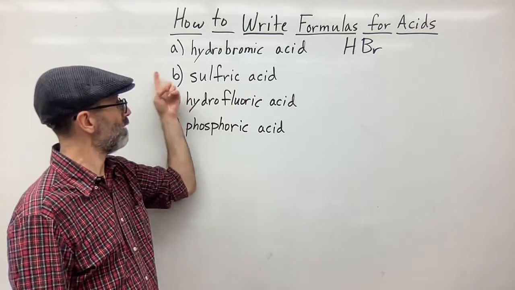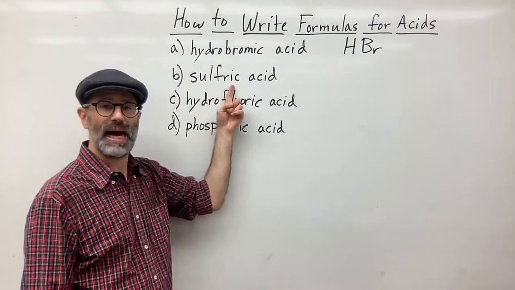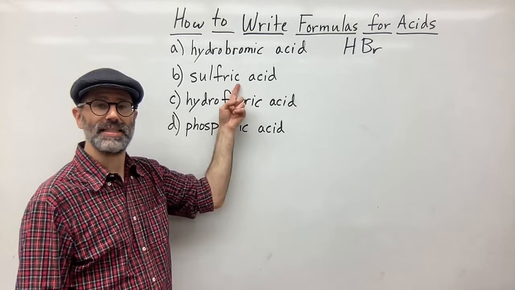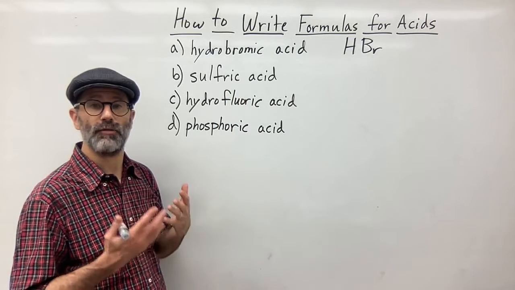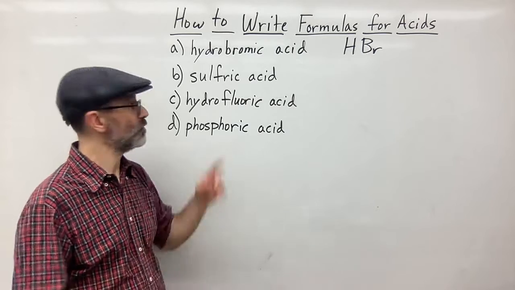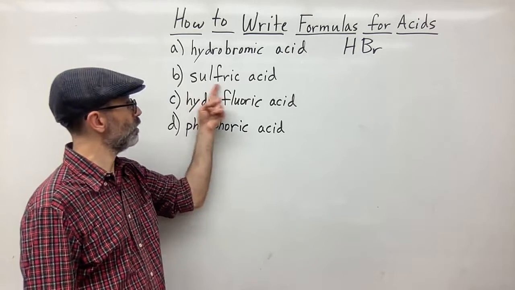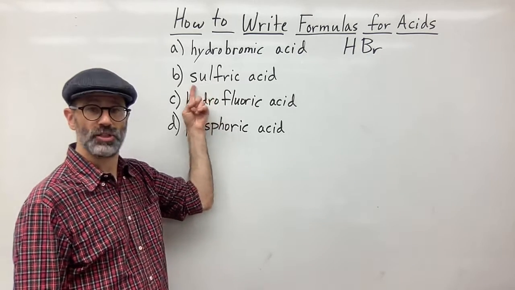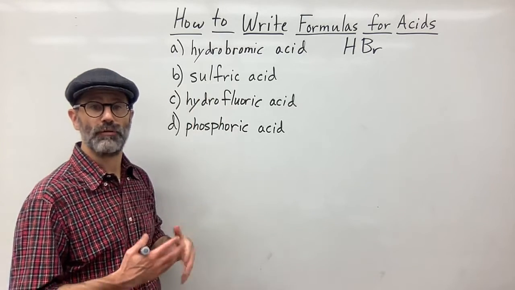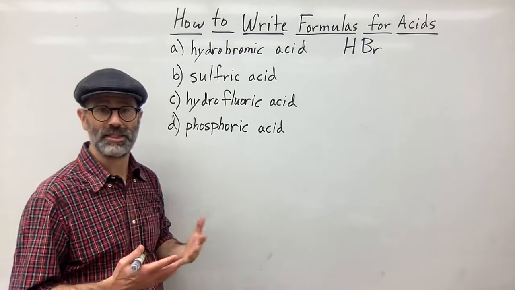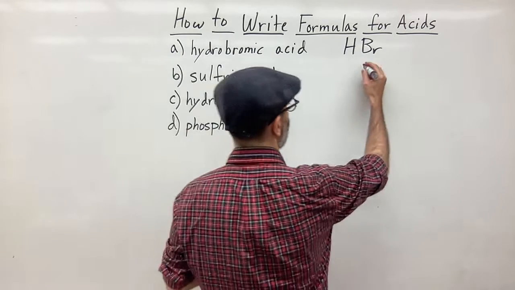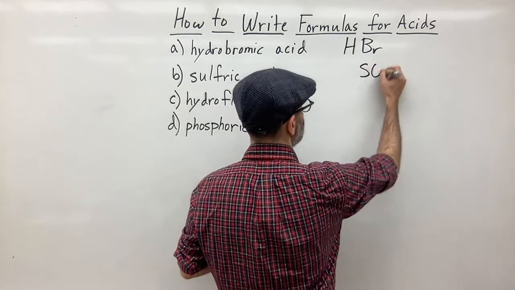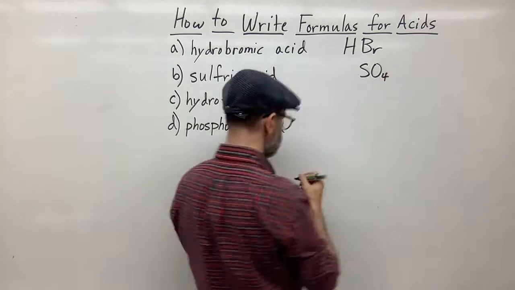If you don't have hydro and you have an IC ending, that IC ending came from the ATE form of your polyatomic ion. Since we have sulf, which is sulfur, that means we're referring to the polyatomic ion that has sulfur. That would be sulfate. So sulfate is SO4.